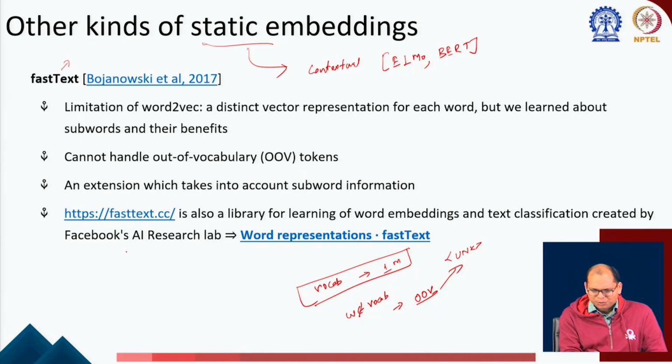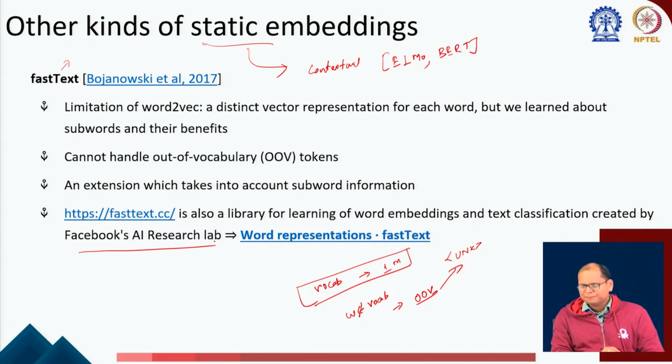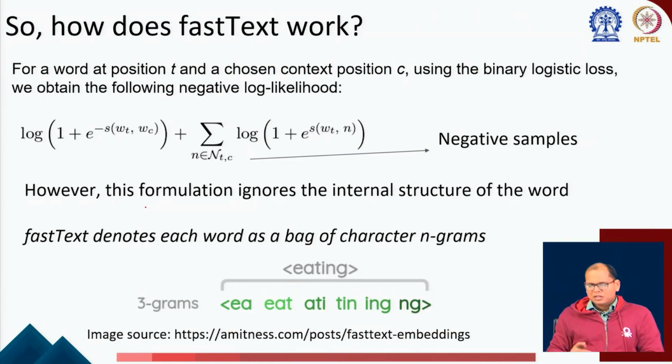And this was from Facebook's AI Research Lab, now known as Meta, and this was very popularly used for word embeddings and also doing classification and other such tasks. Okay. And you can go to this particular website and get these word vectors.